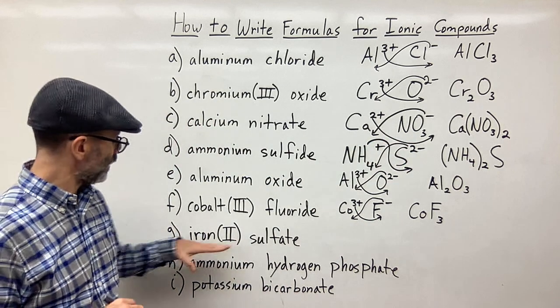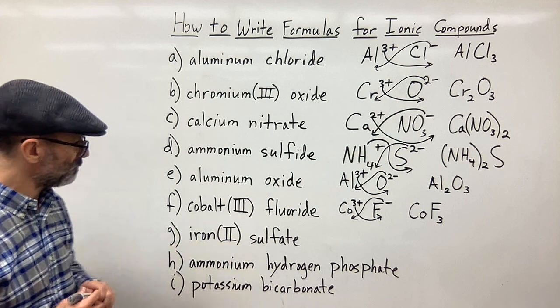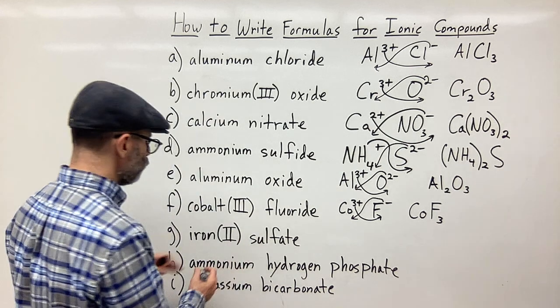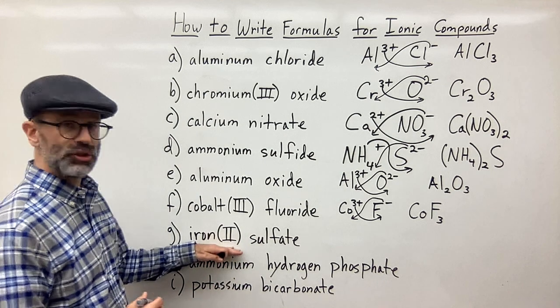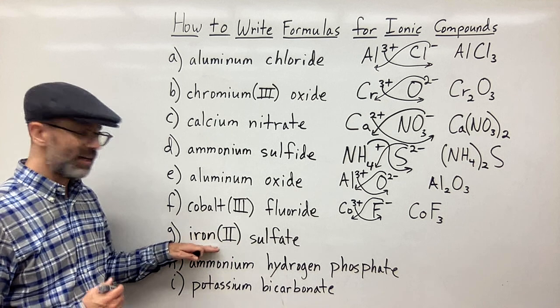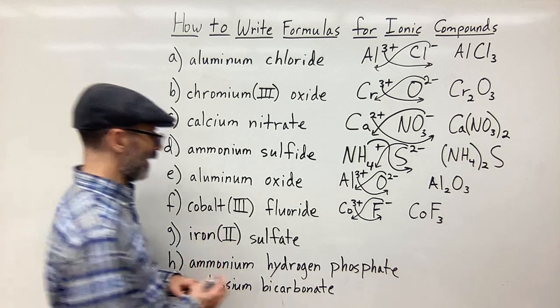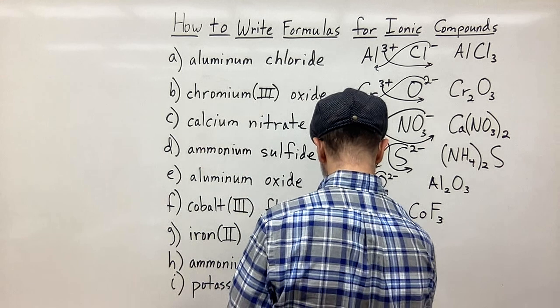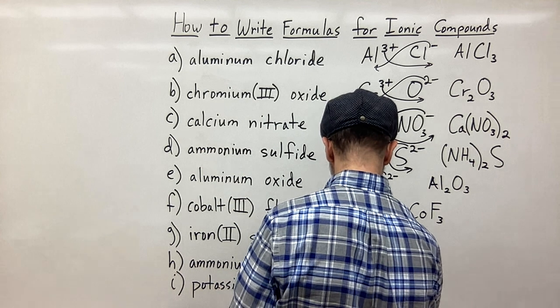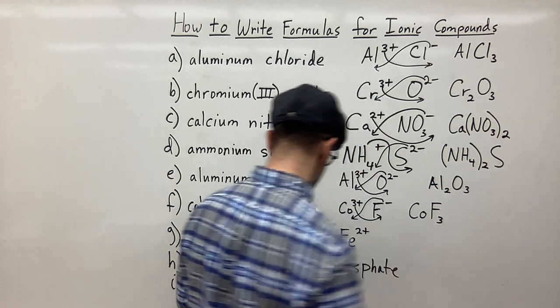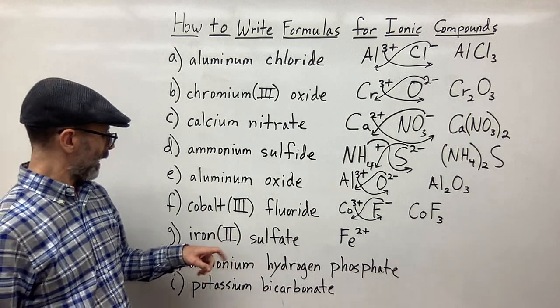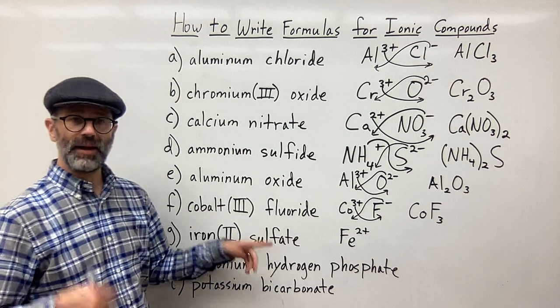Okay, so we have iron(II) sulfate. Iron 2, the 2 tells us the charge. This is a transition metal, so it's going to be a positive 2 charge on the iron. So we write Fe, and it has a 2 plus charge. And then we have sulfate, a polyatomic ion.